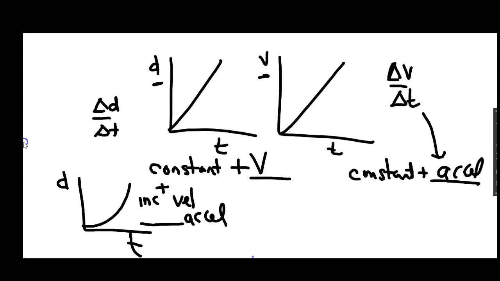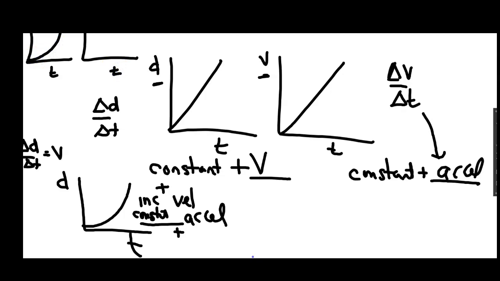Because the slope is delta D over delta T equals V. The slope is flat and gets steeper. It's increasing positive velocity, but constant positive acceleration. It gets faster and faster in a nice, smooth way, like a good driver where the needle goes like this. So remember, that's what the Regents loves. They really want you to know that this and this is the same motion. I love you to know that.